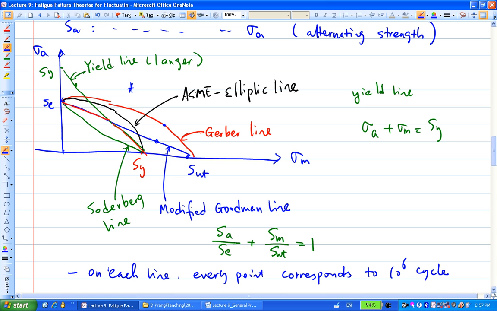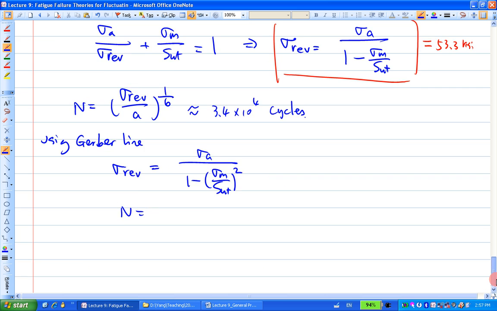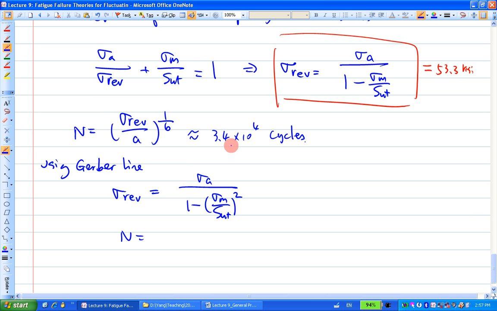So which one do you think will yield a larger number of cycles to failure? See this number, this is N, the result from the Gerber. This is the result from Goodman here. If I use Gerber, what do you think of this N here? Would it be bigger than this or smaller than this?